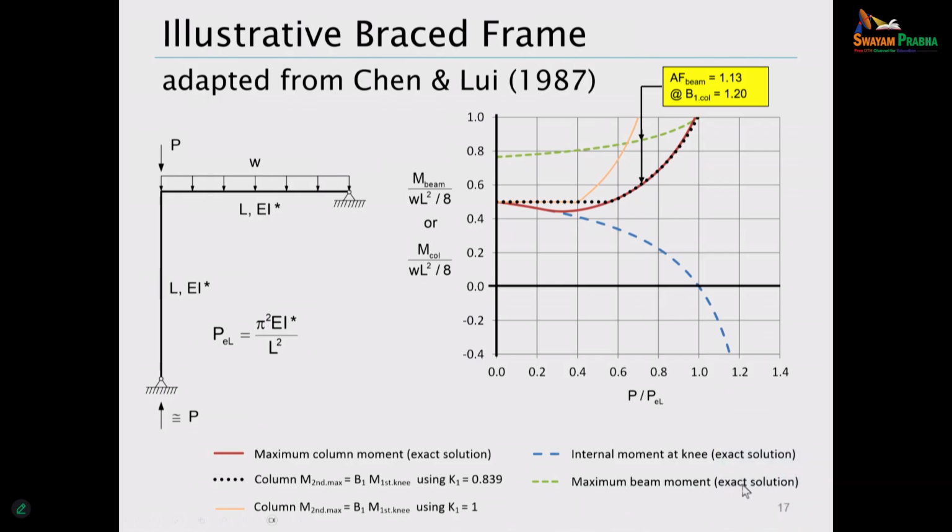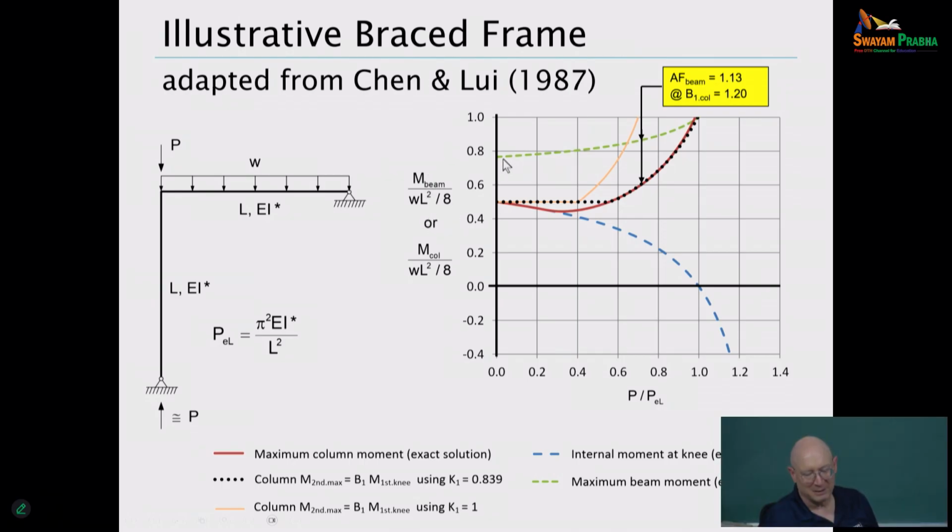And then lastly, the maximum beam moment. That's the green dash curve. So first order analysis would be slightly less than 0.8 in terms of 0.8 of WL squared over 8. But as we increase the axial load, that beam moment is increasing. Now the commentary to the AISC 360 standard has some discussion that's guidance on cases like this.